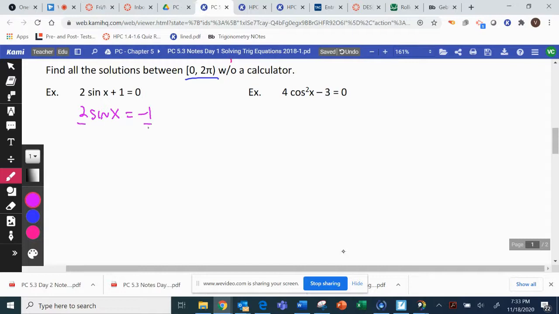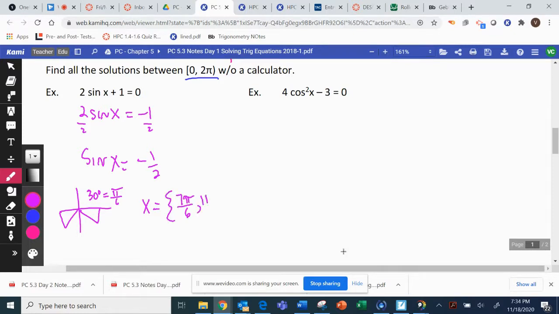Then I'm going to divide by 2, so sine x equals negative 1/2. Sine would be negative in the bottom 2 quadrants. It would be 1/2 at a 30-degree reference angle, which is pi over 6. So our pi over 6 values in the third and fourth quadrants would be 7 pi over 6 and 11 pi over 6.